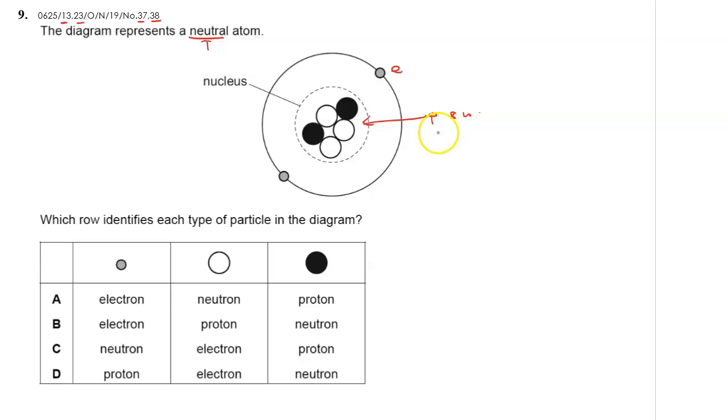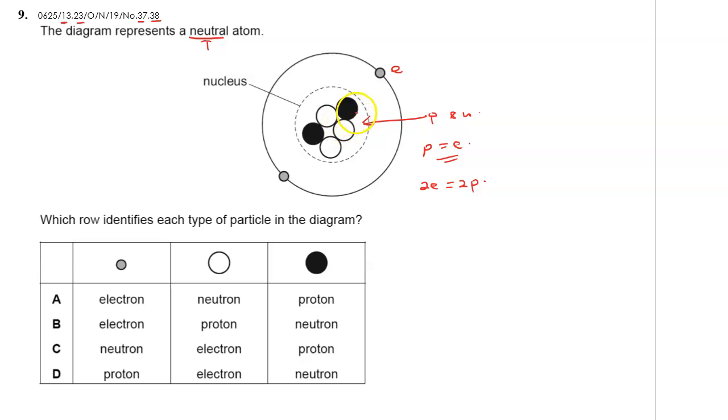So which are the neutrons and which are the protons inside? To know that, you always remember that in a neutral atom, the number of protons is equal to the number of electrons. And how many electrons do we have here? We have 2 electrons, and therefore that means that we have 2 protons. That is what is going to guide you to know inside the nucleus which are the protons and which are the neutrons.